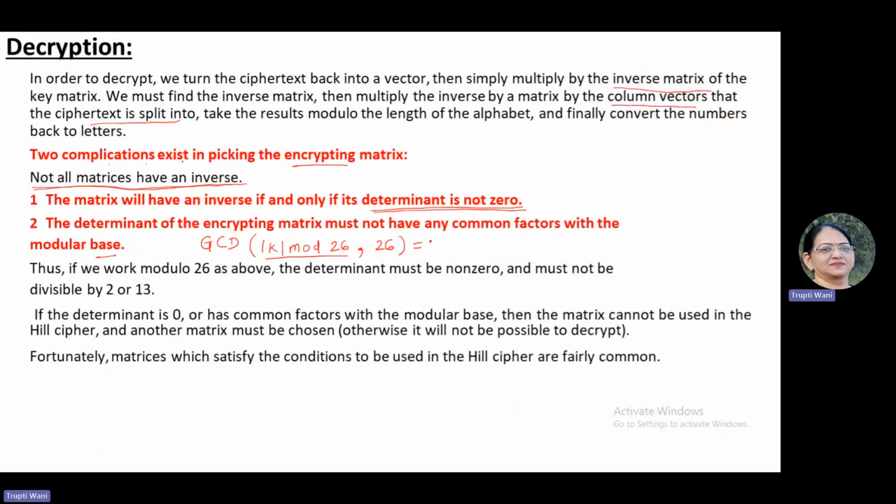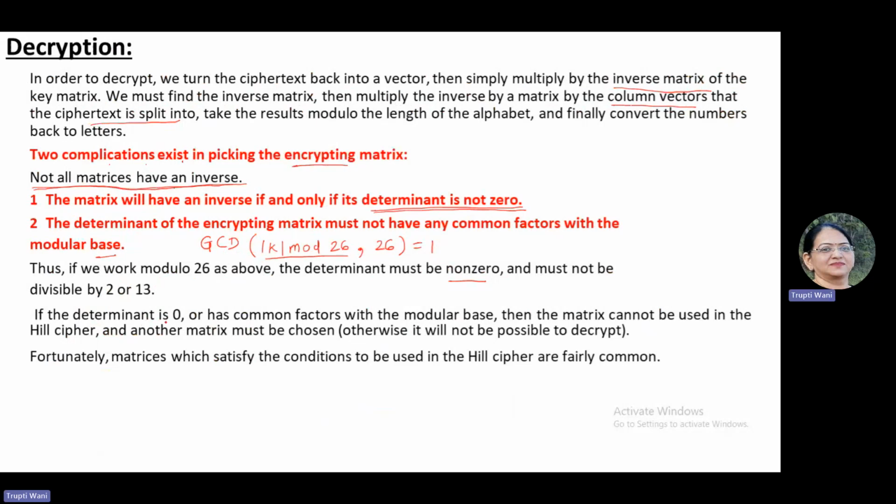It should be 1. It means there should be no common factor between these two. Thus, if we work modulo 26 as above, the determinant must be non-zero and must not be divisible by 2 or 13. So in simple terms, we can say the GCD should be 1.